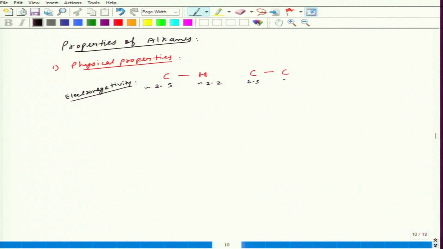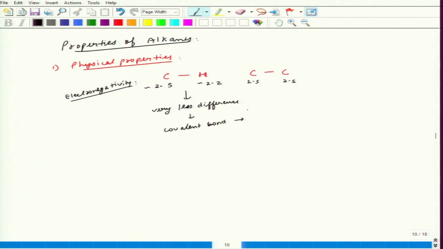So there is a very small electronegativity difference between the two elements. That gives rise to a covalent bond.